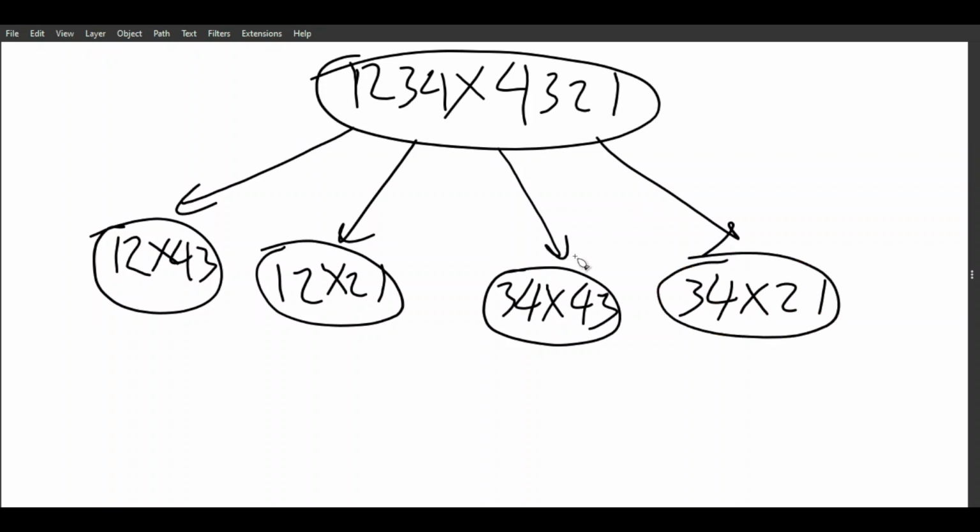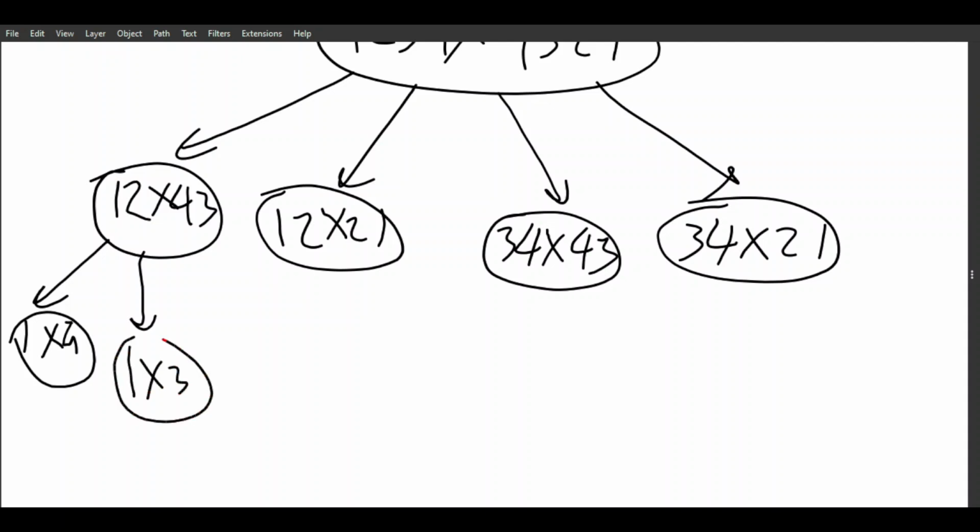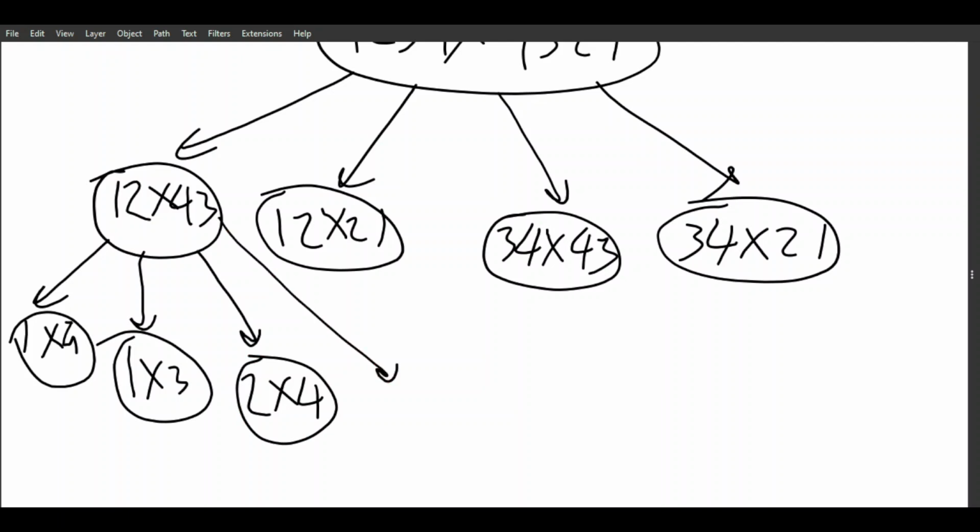The next level, again we proceed. So this is divided into 12 multiplied by 43. Divide it like 1 multiplied by 4, then 1 multiplied by 3, 2 multiplied by 4, and 2 multiplied by 3.